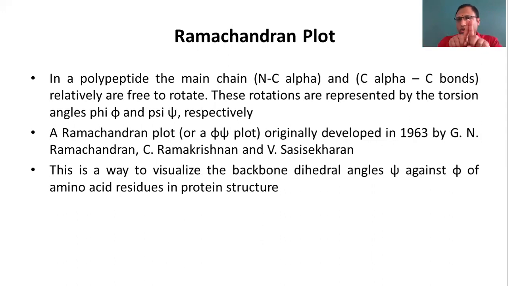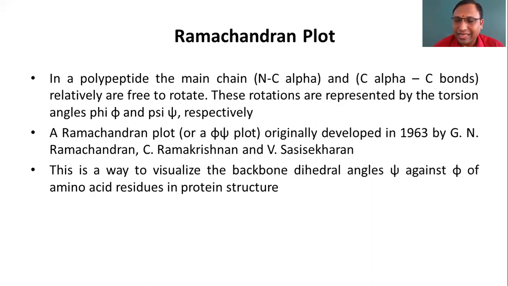So the N, C alpha and C alpha, C bonds are relatively free to rotate. They can rotate through an angle. These rotations are represented by torsion angles. Based on that, the angle is provided as phi or psi angles. This is called a Ramachandran plot or phi psi plot.